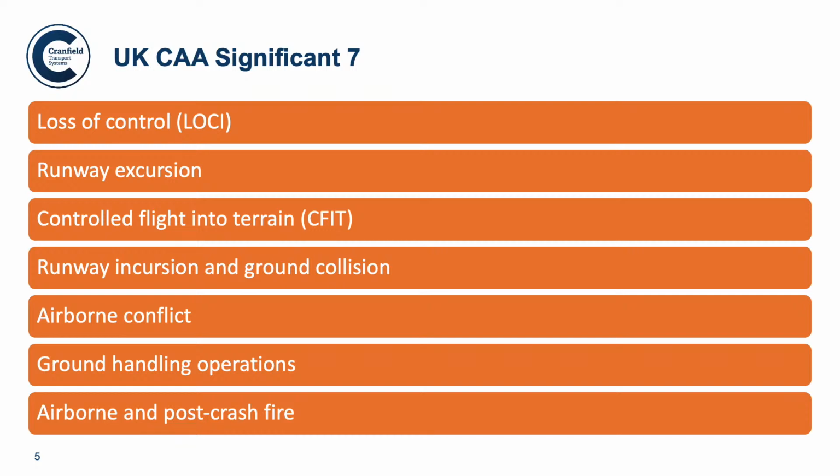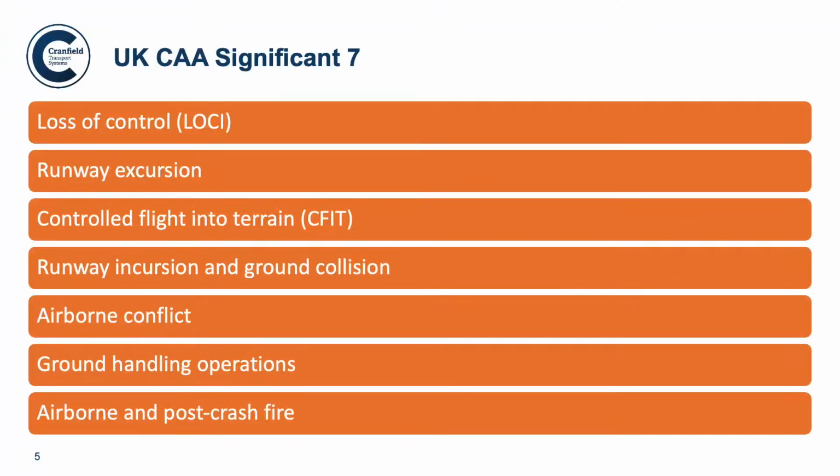These Significant 7 risks were derived from industry feedback some time ago now, and operators in the UK were asked to submit and discuss the risks and hazards that they were most concerned about in their operation at the time, and this was the final list that was put together.